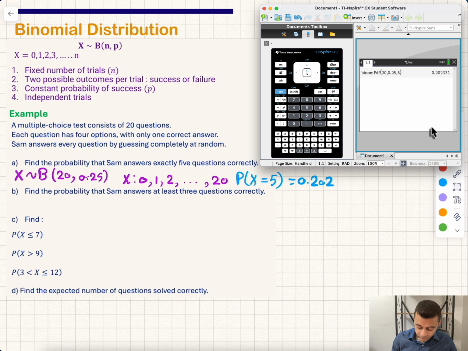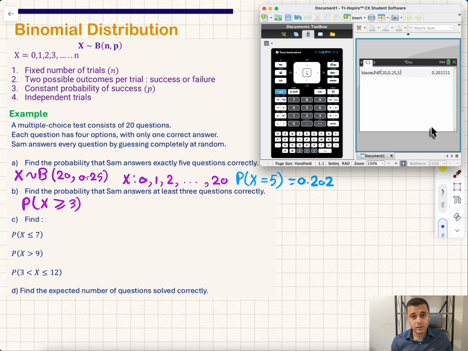Now in B, find the probability that Sam answers at least 3 questions correctly. So here we have an inequality. At least 3, which means 3 or more. Now here, when we say 3 or more, it means minimum 3.